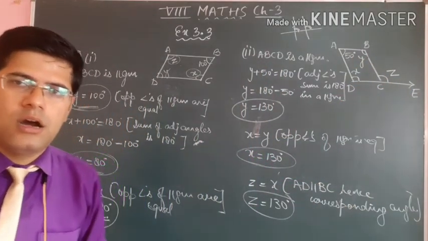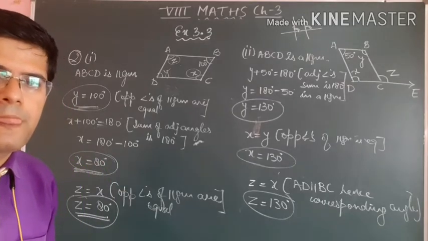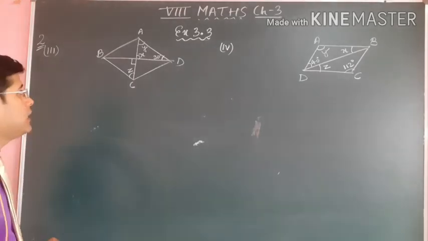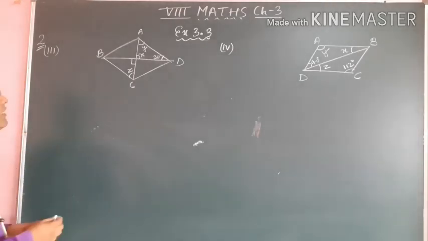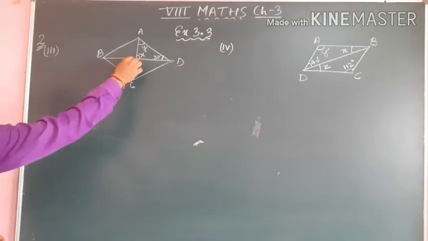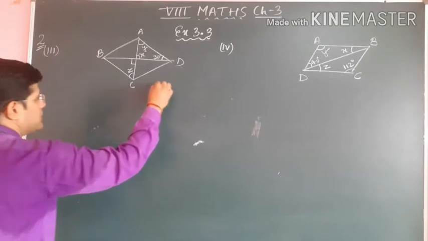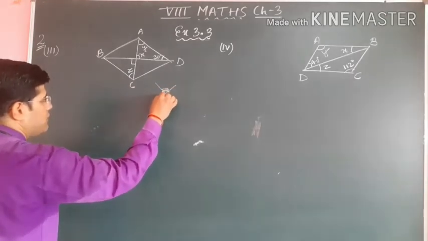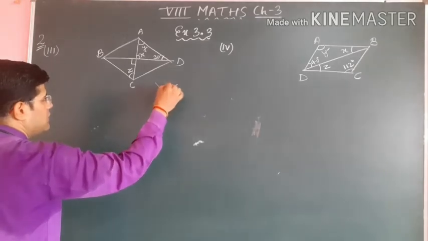Now move to the third part of the sum. In the third part, ABCD is a parallelogram. Here we have to find all the values. Firstly, x equals 90, and this property is vertically opposite angles, which you were taught in class 7.